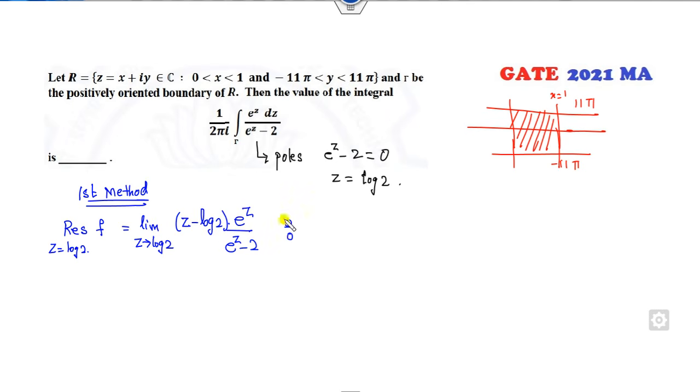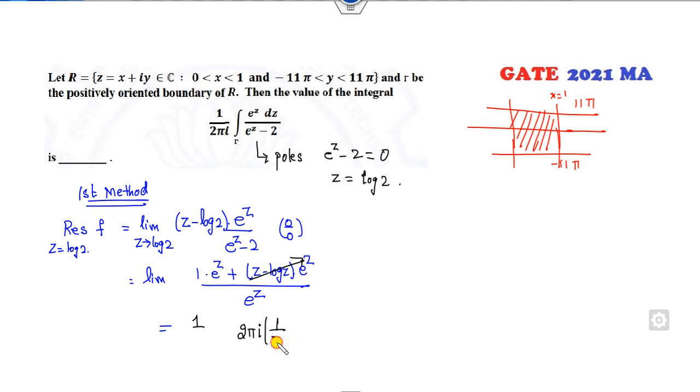Again it's a 0 by 0 form, so I can apply this derivative rule. So 1 into e raised to power z plus z minus of here divided by e raised to power z. So what is the answer of this? It will be 0. It is my 1. So the right answer of this problem will be my 2 pi iota into 1 over whatever the statement is given to you, this into 1. So the right answer is 1.